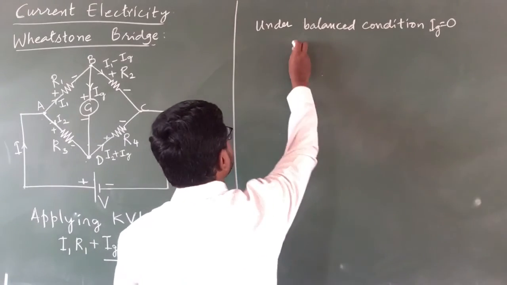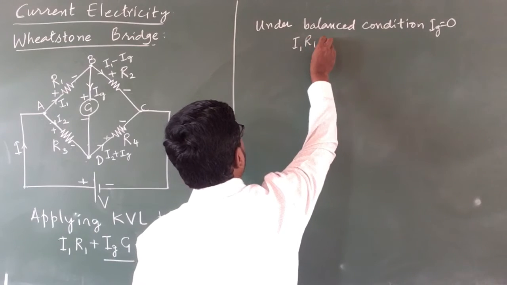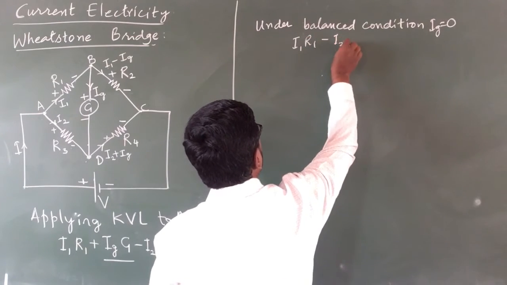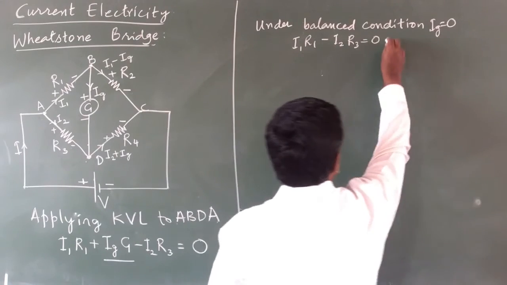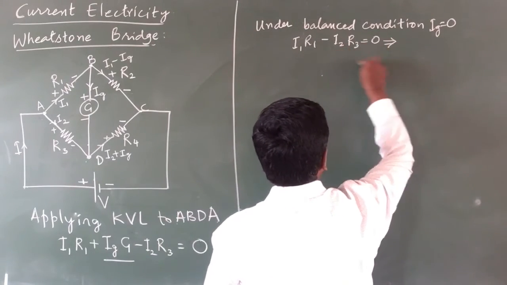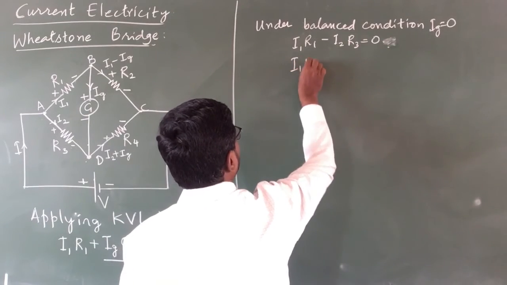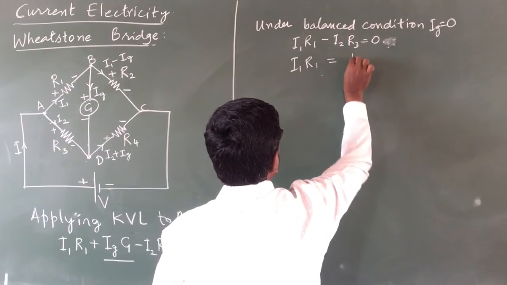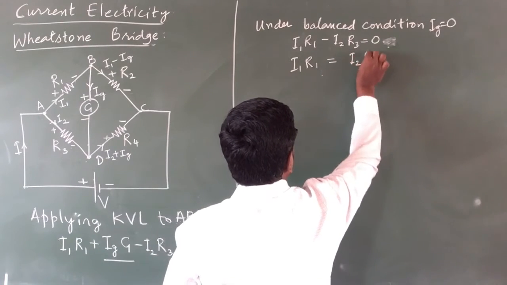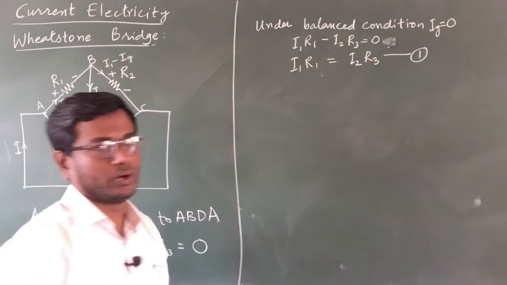So I will take it as I1 R1 minus I2 R3 equals 0, or alternatively I can take this term to the right hand side. It will be I1 R1. This term goes to the right hand side and becomes positive. It will be I2 R3, and I will take this as equation number 1.